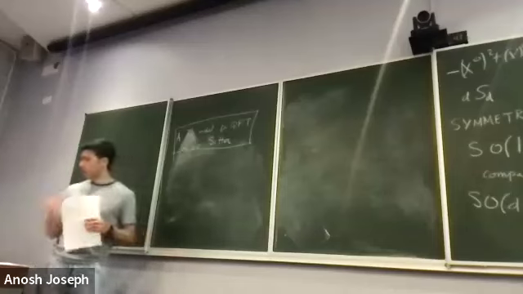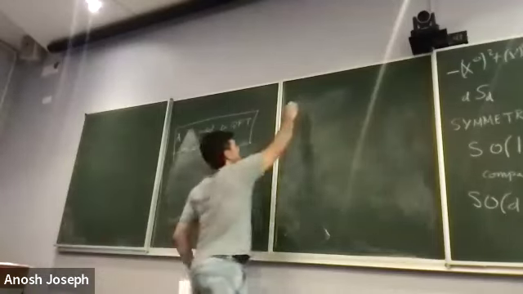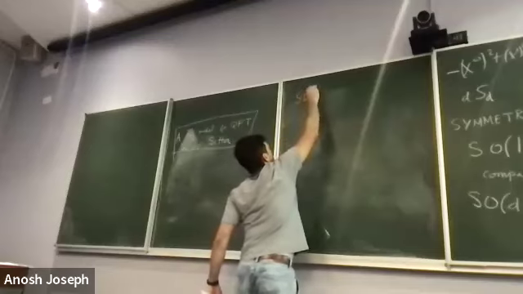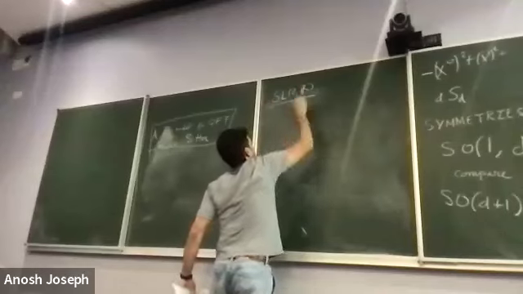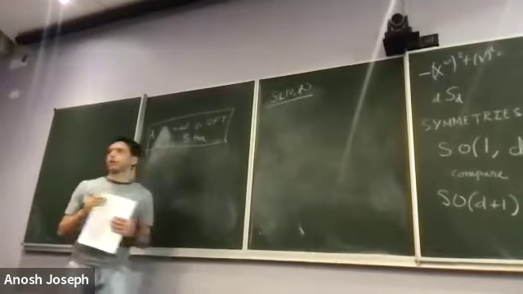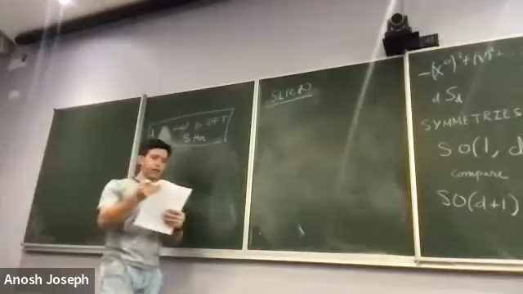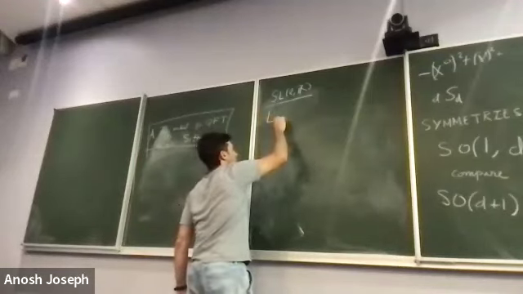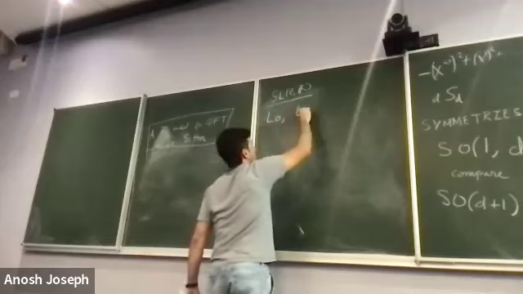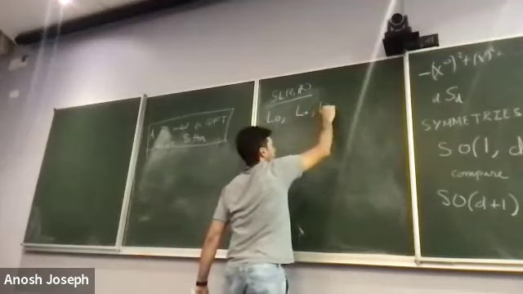Okay, so SL2R is the symmetry group that is generated by three generators. One is this thing called L0, one is L plus, and one is L minus.